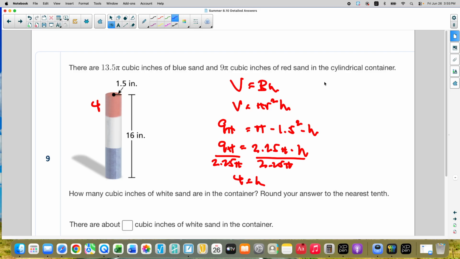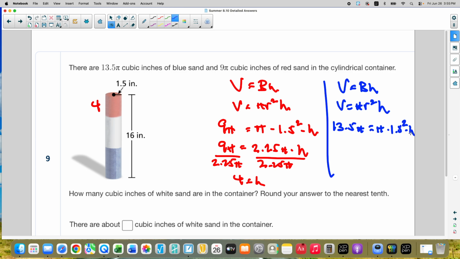And of the blue, we're going to do the same thing. The volume equals pi r squared h. The volume of the blue is 13.5 pi. My radius again is 1.5 squared times h. 13.5 equals 2.25 h.